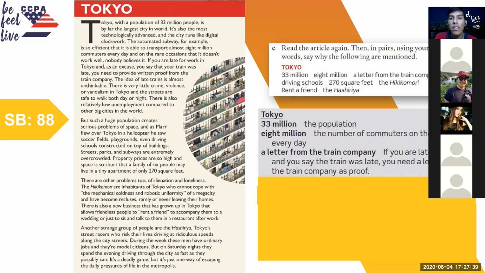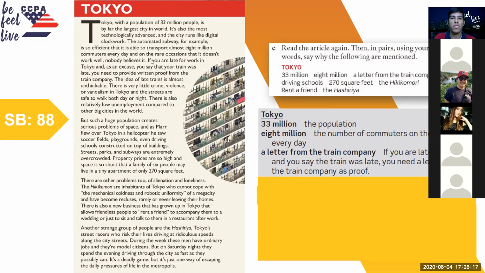So now for you is the expression driving schools. What does it say related to it in the text? What line is that? It is in the second paragraph. But such a huge population creates serious problems of space, and as Mark flew over Tokyo in a helicopter, he saw soccer fields, playgrounds, even driving schools constructed.